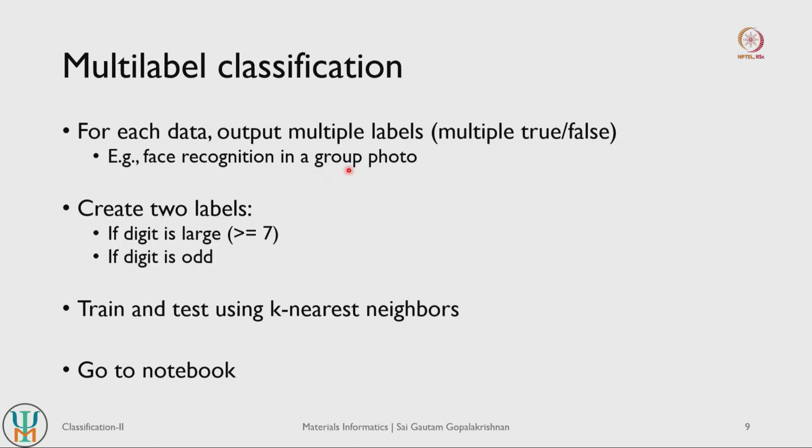The classic example is, let us say you upload a group photo on your Facebook or Instagram, and you have a facial recognition algorithm. For the same photo the algorithm can recognize multiple faces, depending on your friends list. That is an example of multi-label classification. If you upload a photo with just your face, the algorithm will only recognize you.